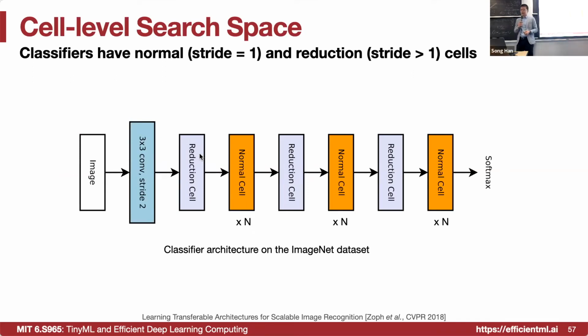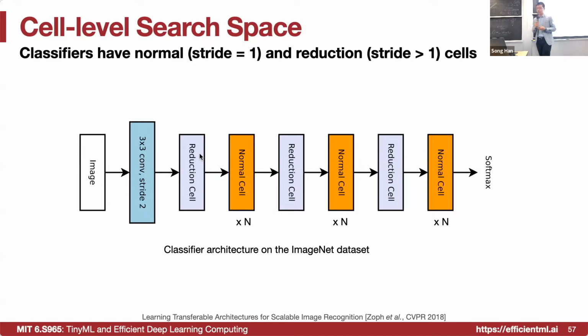This is a classical architecture on the ImageNet dataset. We have this input stem, and we have this reduction cell followed by several normal cells. This shows we are repeating this normal cell n times, followed by another reduction cell.